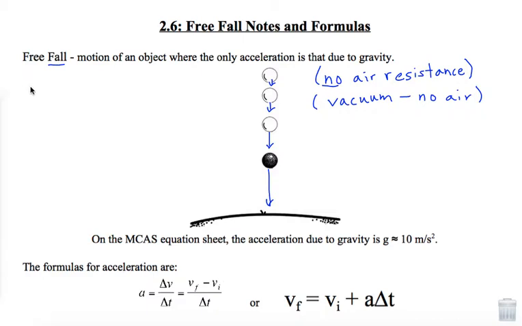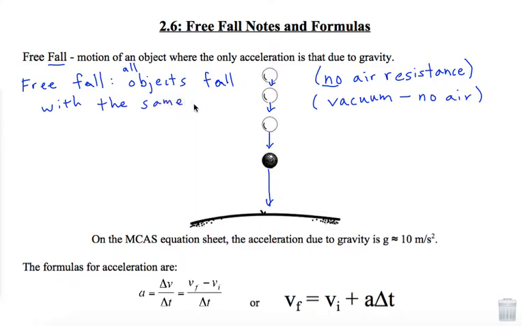So it turns out in free fall, and you should be writing this down in your Unit 2 packet, all objects fall with the same acceleration.